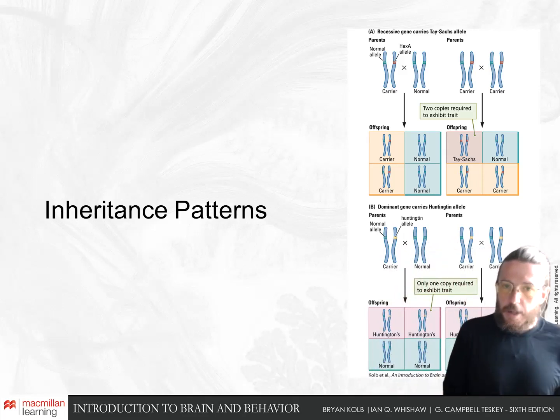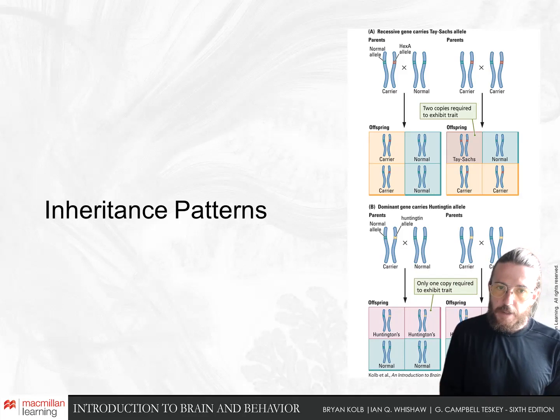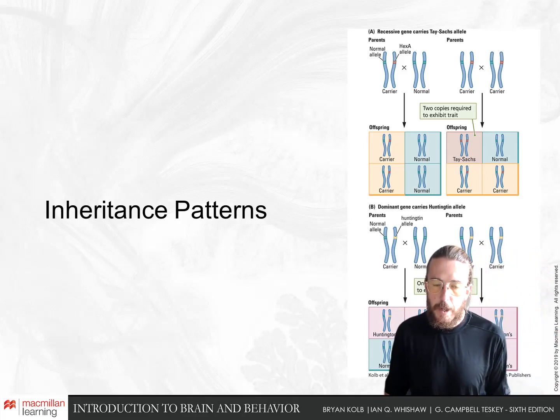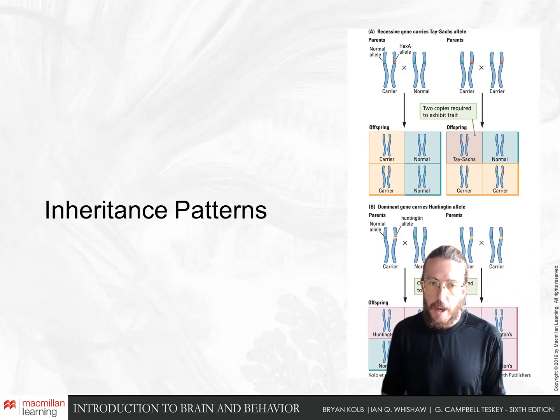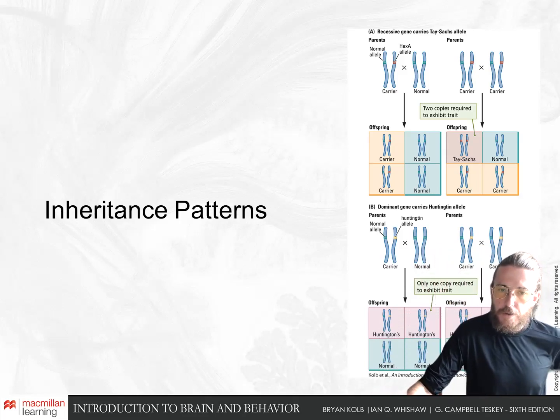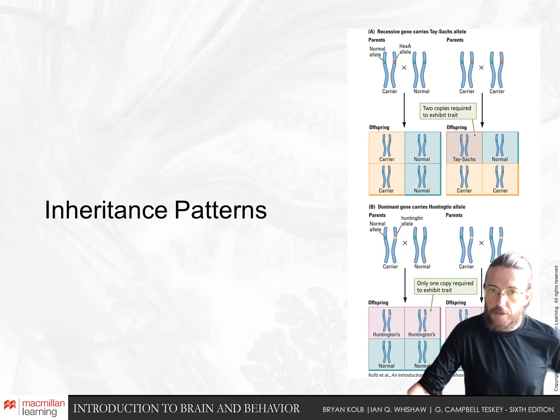Okay, on the other hand, for Huntington's disease, because it's dominant, even if a carrier mates with someone that doesn't have either of the alleles, their offspring have a 2 in 4, or 1 in 2, chance of having the disorder themselves.